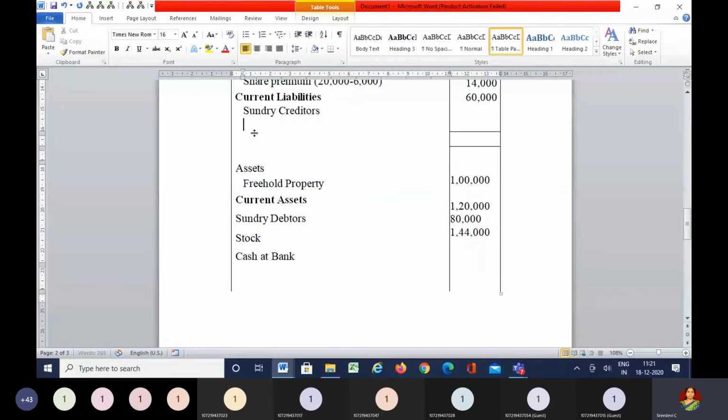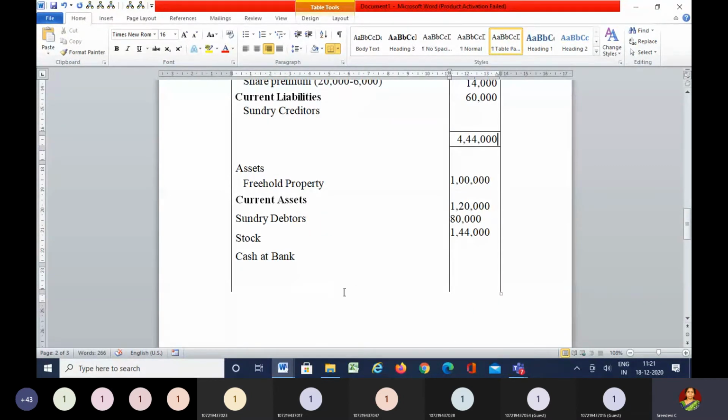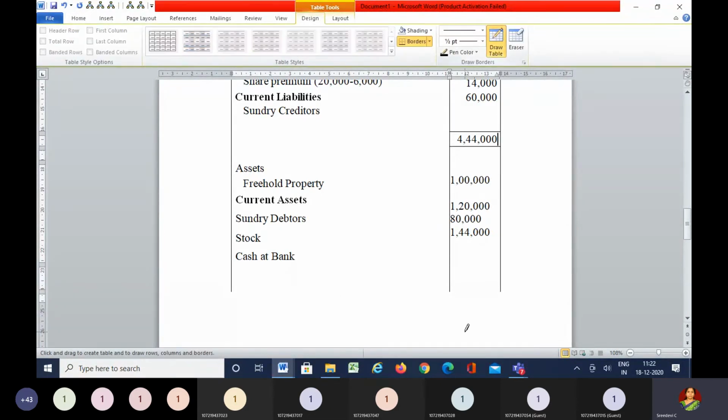What is the liability side total? 4 lakhs 44,000. Yes, 4,44,000. Now check the assets. 1 lakh plus 1 lakh 20, plus 80,000, plus 1 lakh 44,000. It has tallied. 4 lakhs 44,000. That's it.